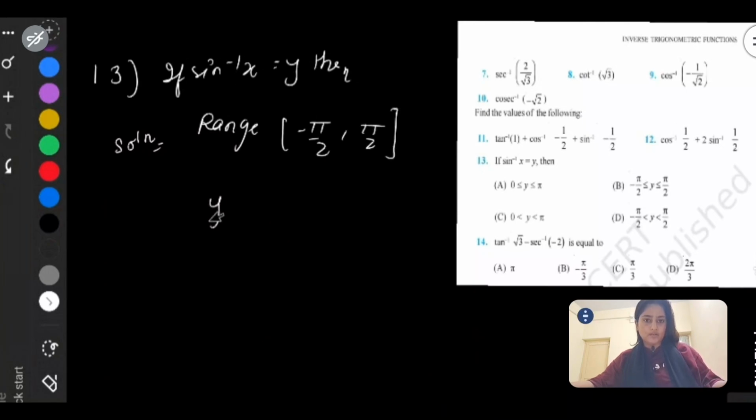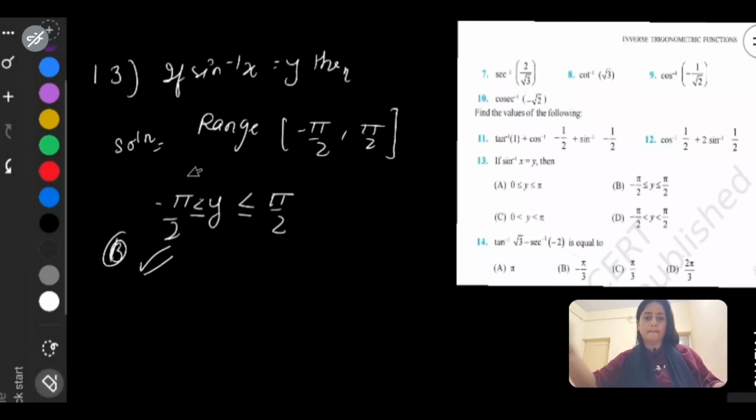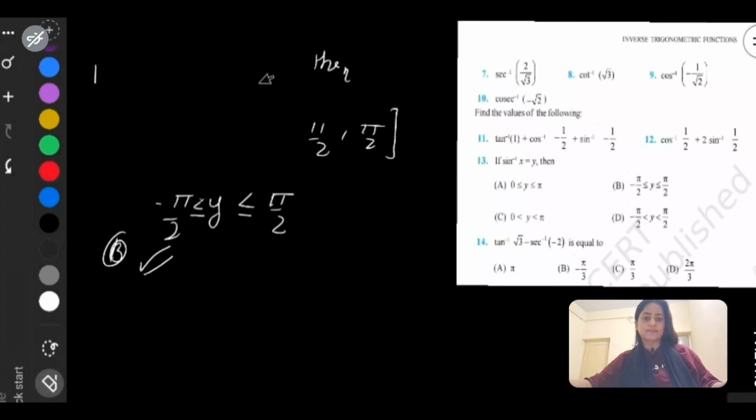So we can also write y as minus pi by 2 less than or equal to y less than or equal to pi by 2. We put the equals sign because the bracket is closed, and you can tick option B. Now let's move on to question number 14. Let's erase this.